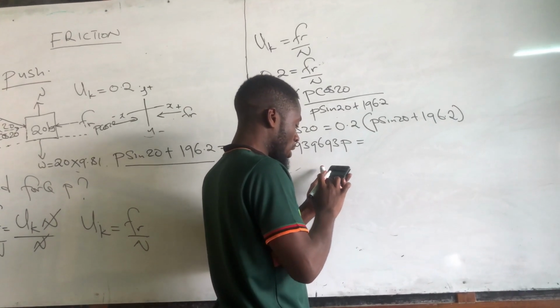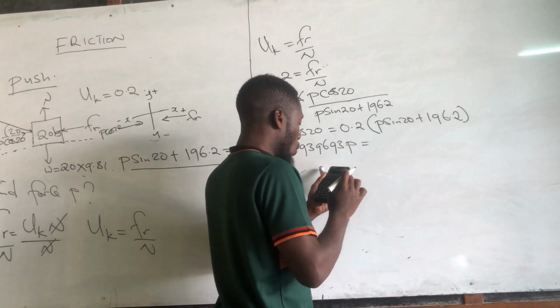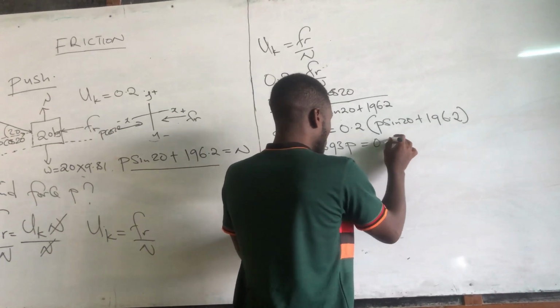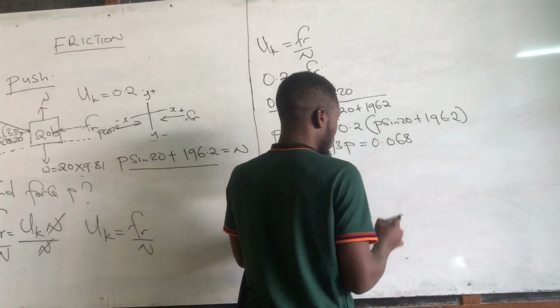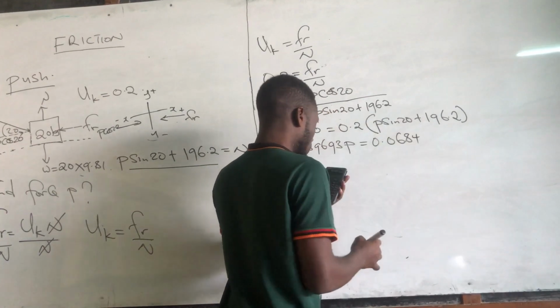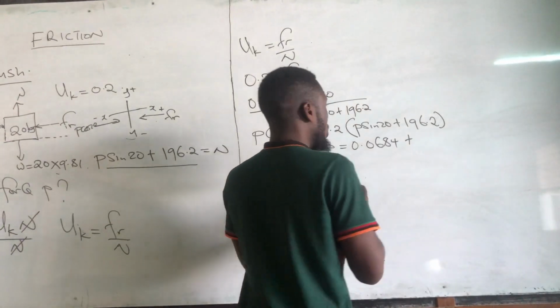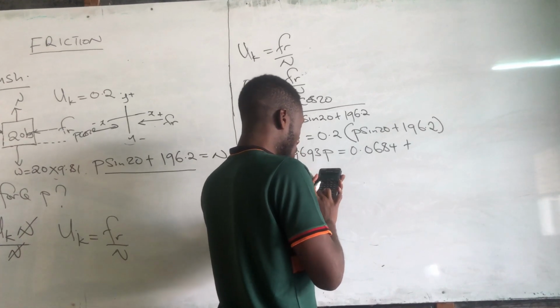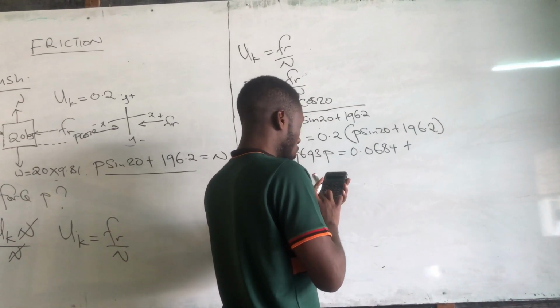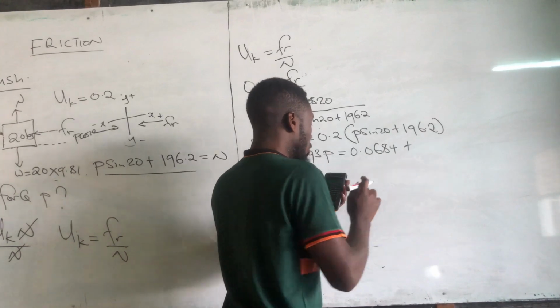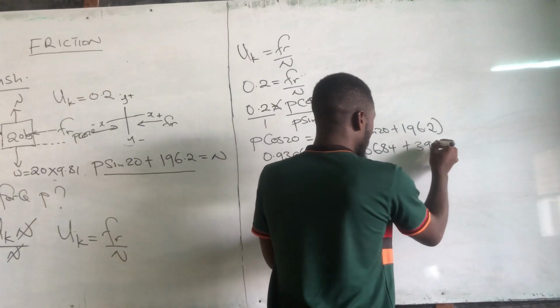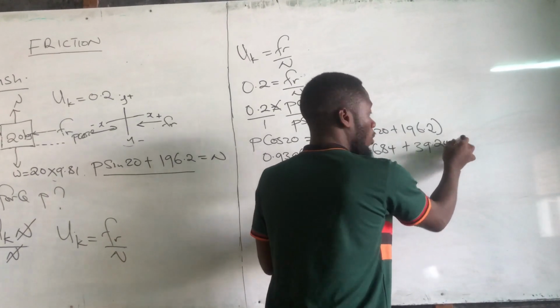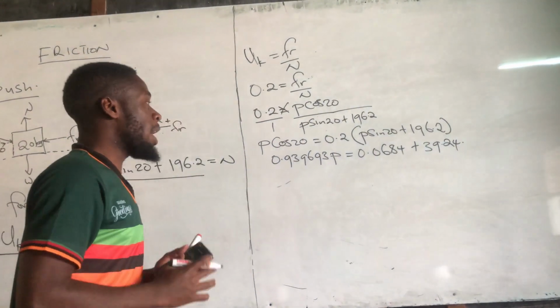0.2 multiplied by sine 20, which is equal to 0.0684, plus what is 0.2 multiplied by 196.2? 0.2 multiplied by 196.2, which is equal to 39.24. So from here you can group the like terms.